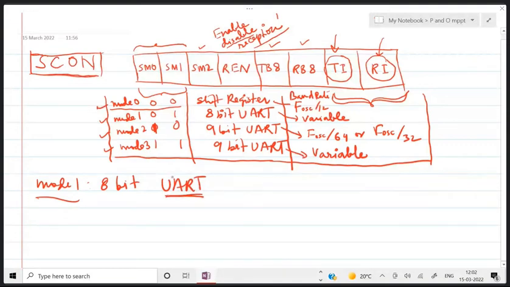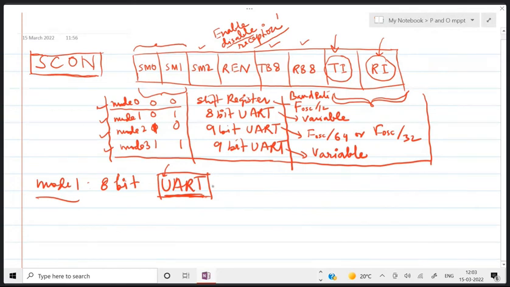UART is basically a communication protocol: universal asynchronous receiver and transmitter. It is called universal because it has been universally adopted in all types of communication.